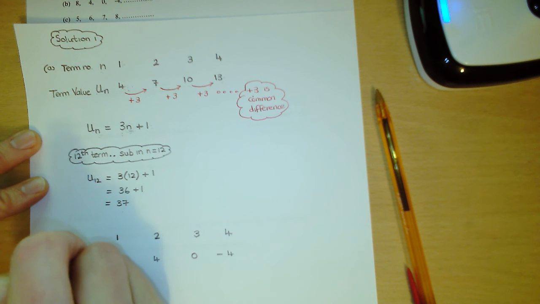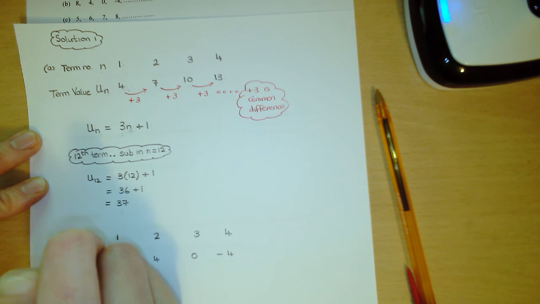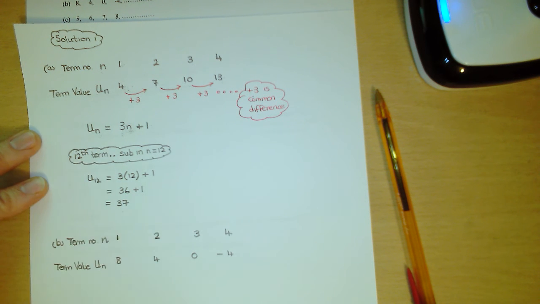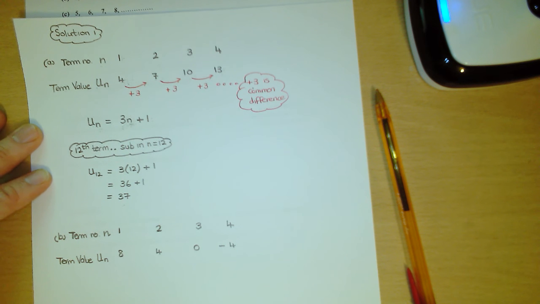So term number, and then its wee symbol is just n. Now, again, the nth term formula will connect each term number n to the corresponding term value un. Now, we start off the formula with un equals. So the formula starts with the term value equals.